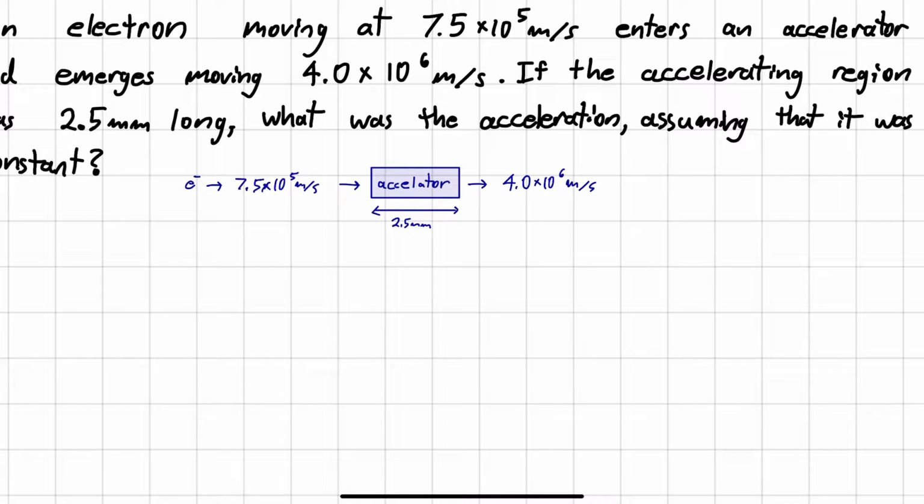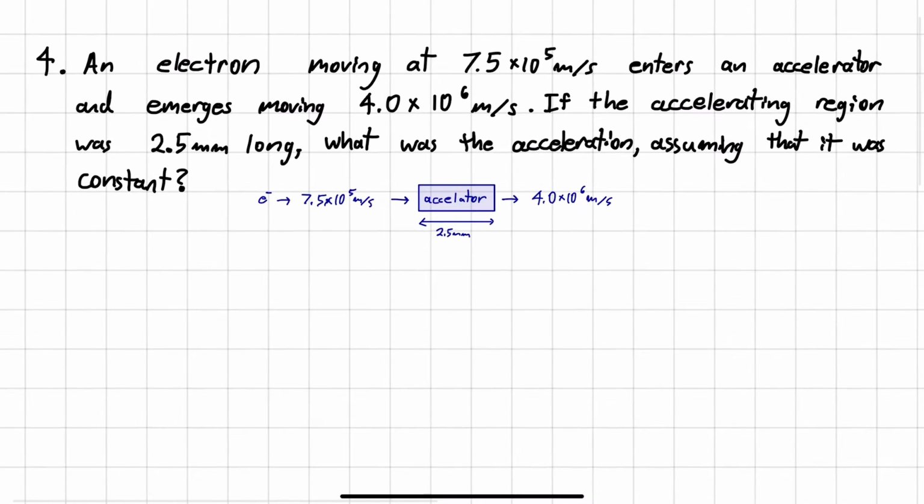All right, so it's always a good first step when looking at these problems to visualize, draw a little sketch of what is actually happening. And then after that, we can move on. This is our step number 1, as you will have known if you watched the previous examples.